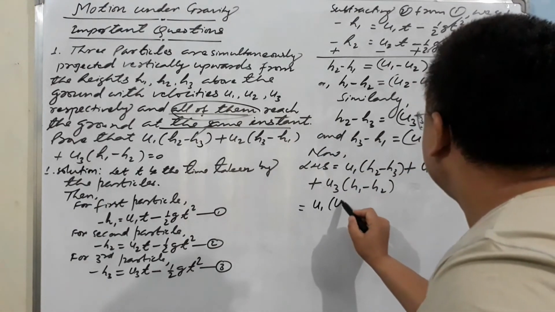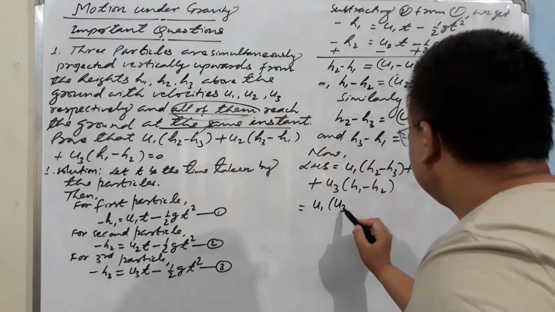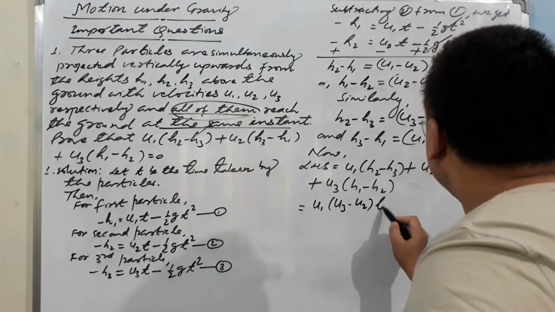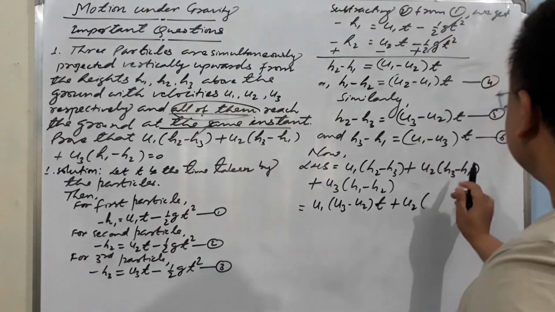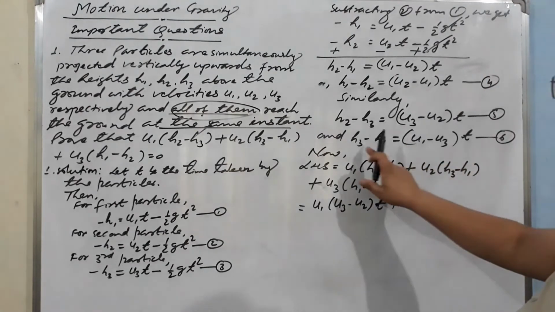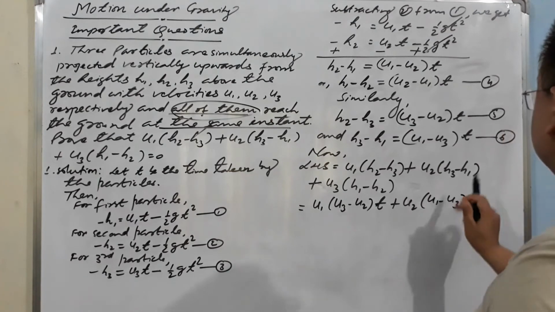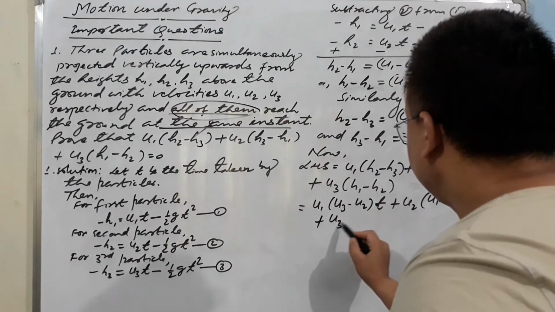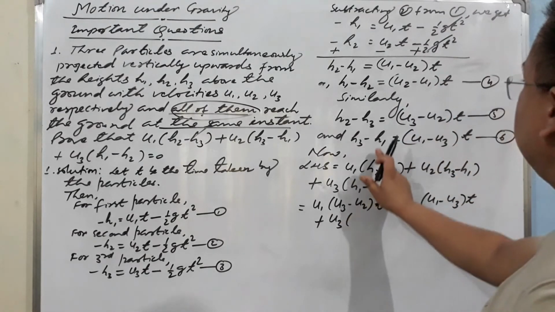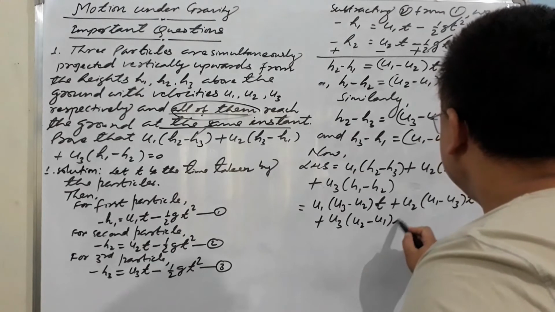u1 times h2 minus h3, which means u3 minus u2 times t, plus u2 times h3 minus h1, which from here is u1 minus u3 times t, plus u3 times h1 minus h2, which is u2 minus u1 times t.